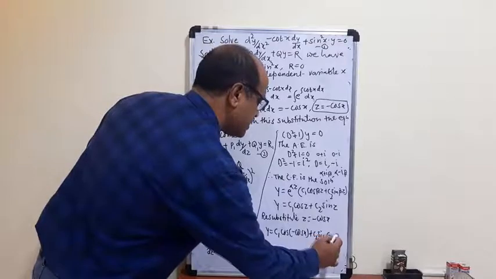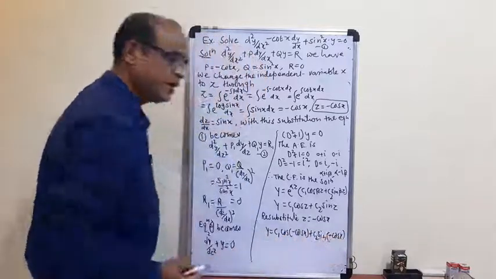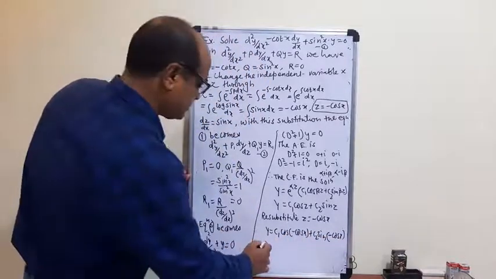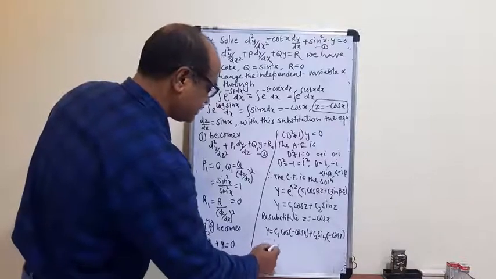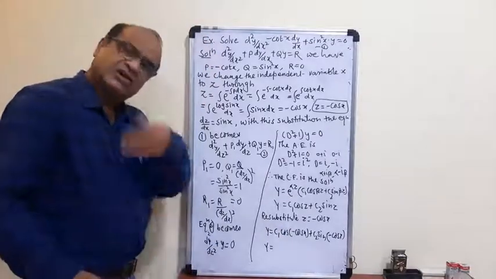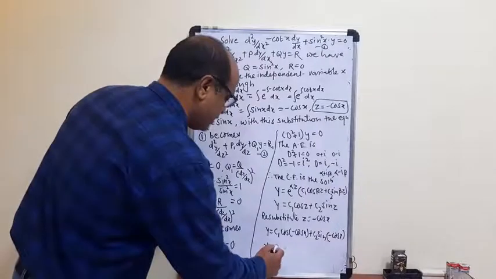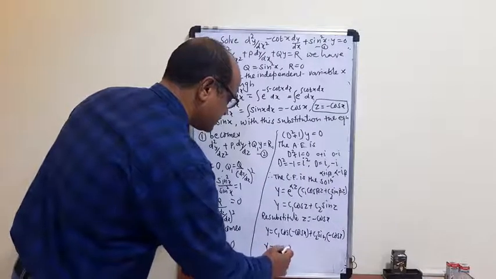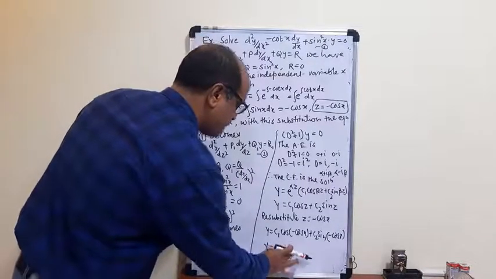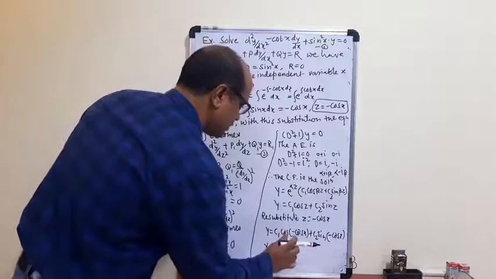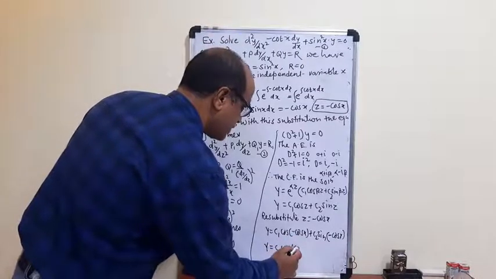Therefore y is equal to, cos of minus theta is cos theta, so this is C1 cos of cos x.